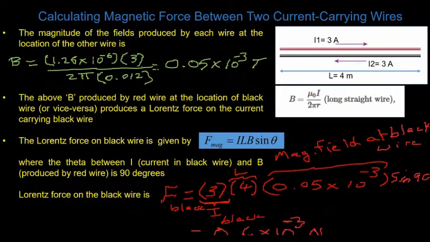After getting the magnitude of the magnetic field at the location of the black wire, we will calculate the Lorentz force on the black wire. The magnetic field produced by the red wire at the location of the black wire produces a Lorentz force, because there's a charge flowing in this direction in the black wire.